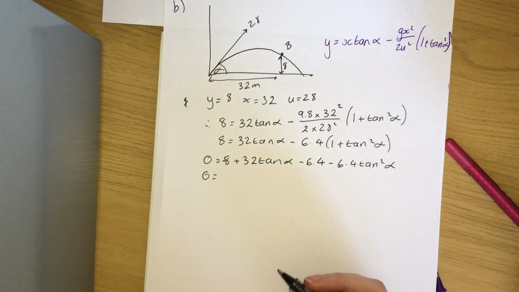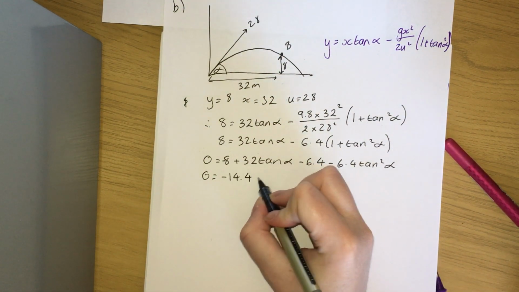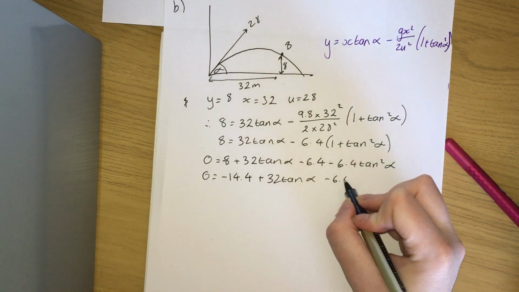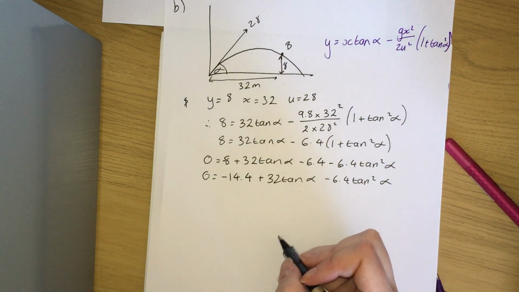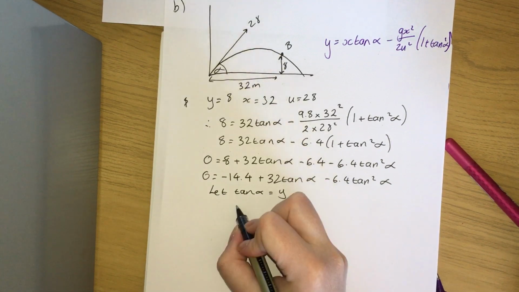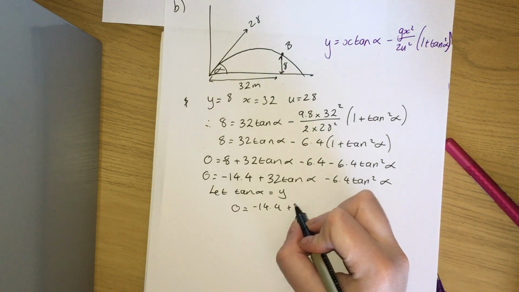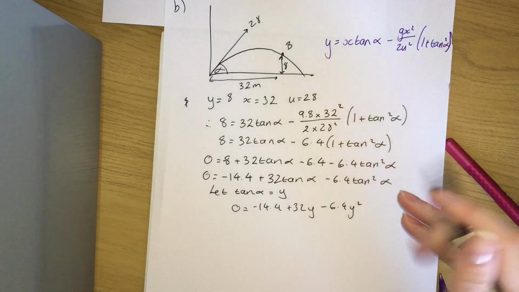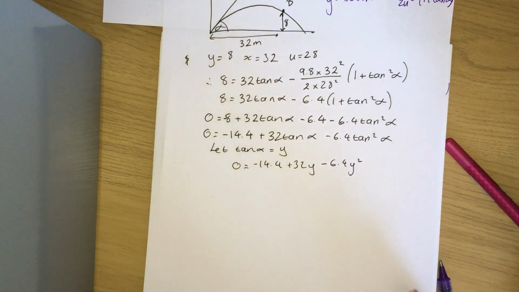Tidying up all the constants, I get 0 is equal to negative 14.4 plus 32 tan alpha minus 6.4 tan squared alpha. So if I let tan alpha be y, 0 is minus 14.4 plus 32y minus 6.4y squared. It's a bit easier to see how I could solve this and put this into our calculator.